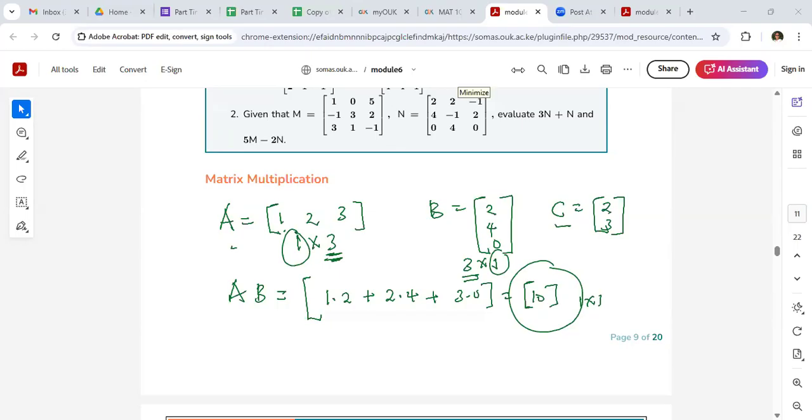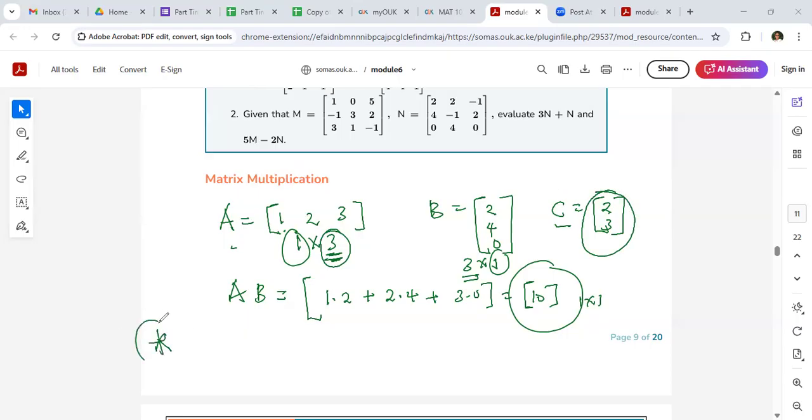Please give reasons. Why is it not possible to multiply A by C? Because they don't have the same number of values. Correct. The number of columns in A is not equal to the number of rows in C.